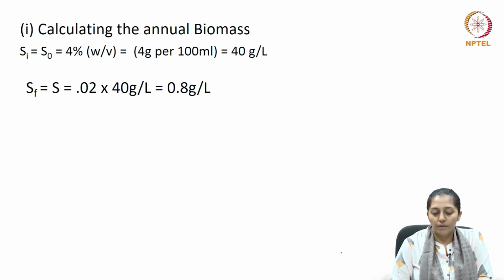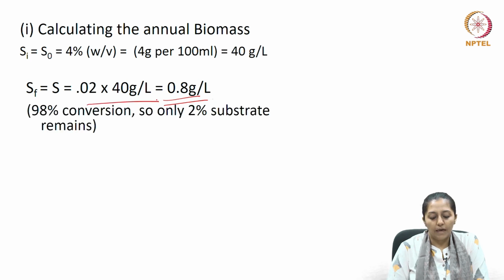If 98% gets consumed, 2% remains, so the residual or final substrate concentration in the broth would be 0.8 grams per liter, as done here after 98% conversion.